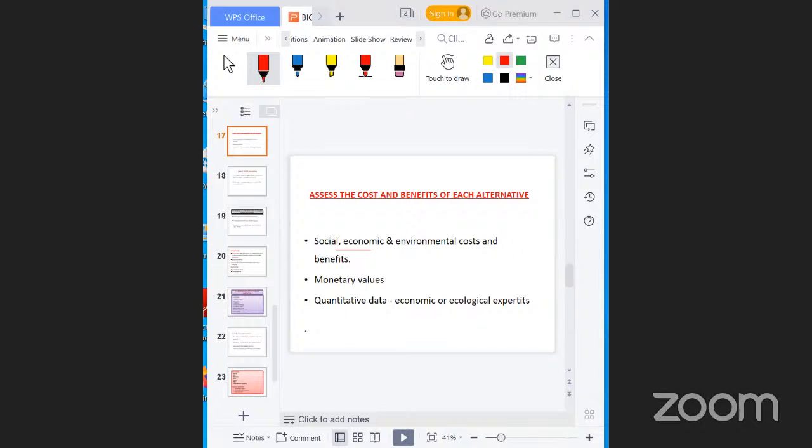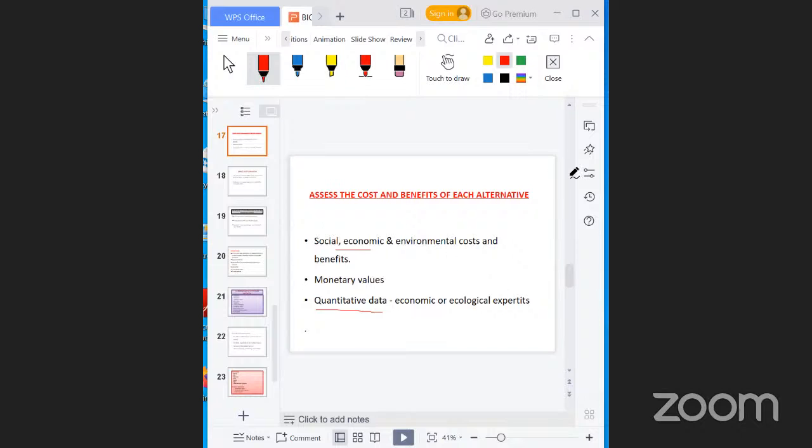So that should use monetary valuations, where possible, and it can also give qualitative information, through quantitative data, right? Quantitative data that relies on economic or ecological expertise.